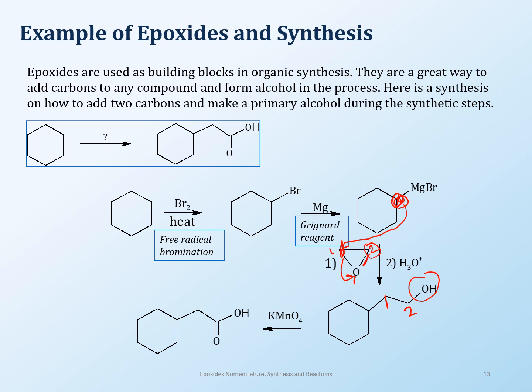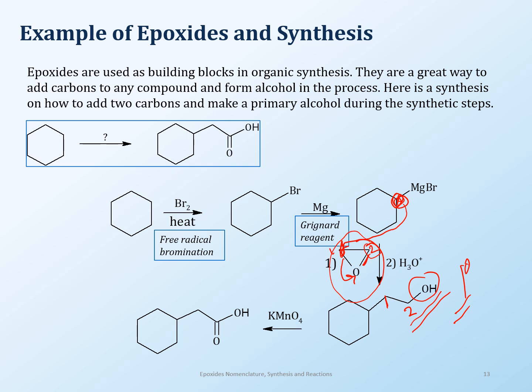Before I go on and finish this synthesis, I just want to say one more thing about this particular reaction. Using Grignard and an epoxide, look at this, we ended up forming a primary alcohol. So epoxides are a very good way of making alcohols, adding 2 carbons at the same time, and primary alcohols for that matter.